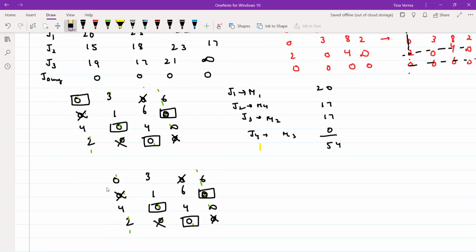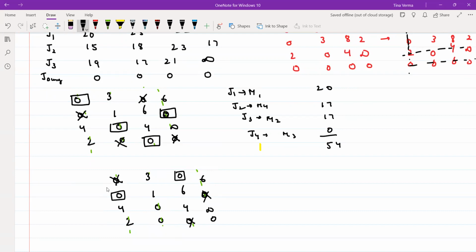So I am doing the assignment over here and I am making a change in this. So this was 0 over here, in infinity. Suppose I have assigned this job to this machine. So this was cancelled out and this was cancelled out, and this is my next assignment. Suppose I am doing this, this is cancelled out, right?